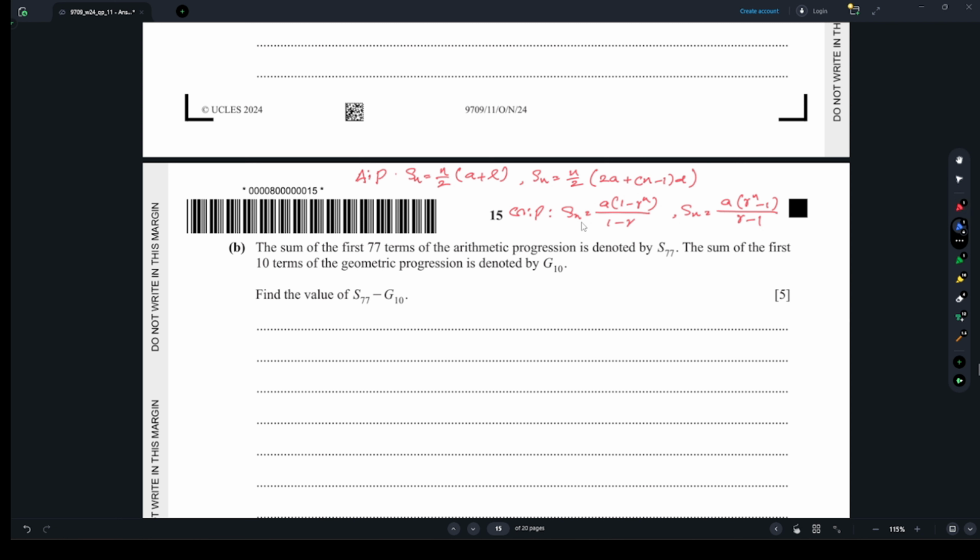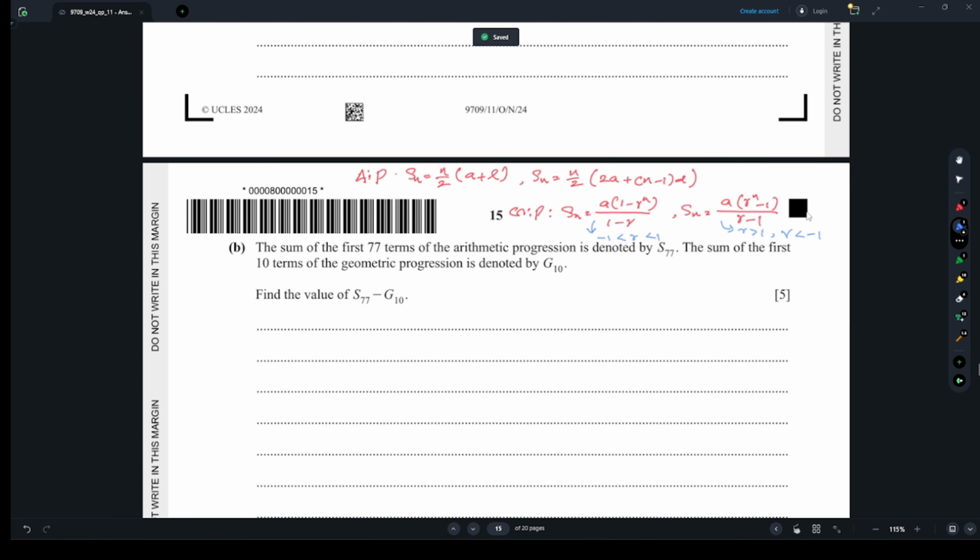Remember, the first equation we use when the r values are between minus 1 and plus 1, and the second equation we use when r is greater than 1 or less than minus 1.